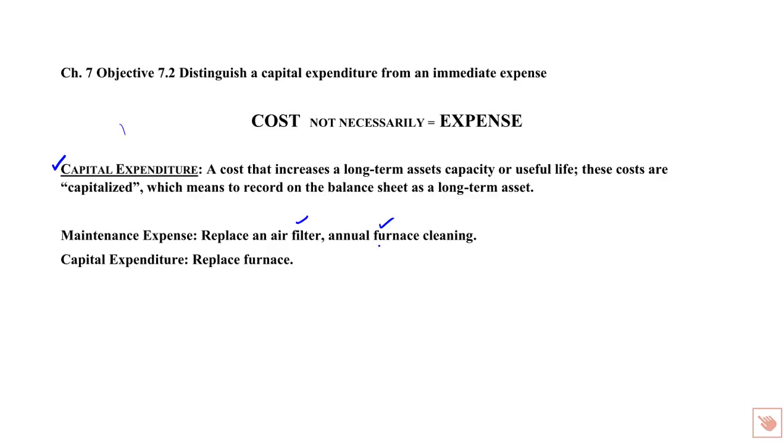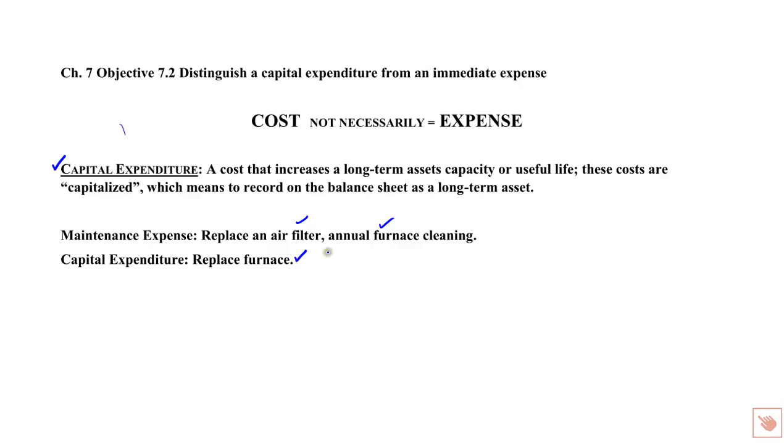If they replace it, they would capitalize that furnace and depreciate it over its useful life. Also, if you think of buildings on campuses, on our campus, 30 years ago, they weren't wired for internet. Well, they had to expend a lot of resources to wire the buildings, so that would extend their useful life.